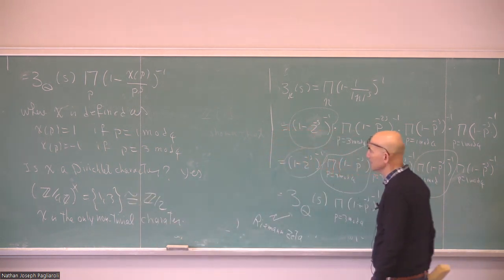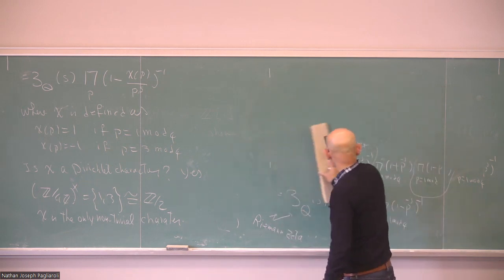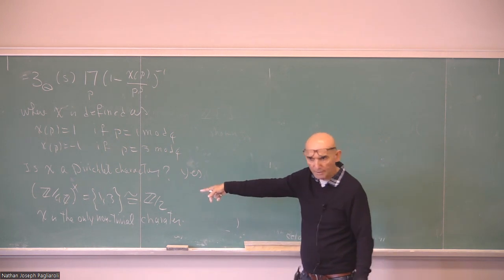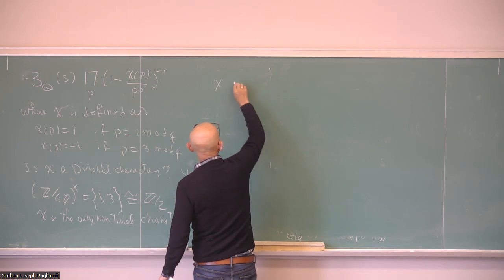That's what it is. Okay, now, this is a Dirichlet character, so it's completely multiplicative, right? So chi is completely multiplicative. I mean, it's fully multiplicative.